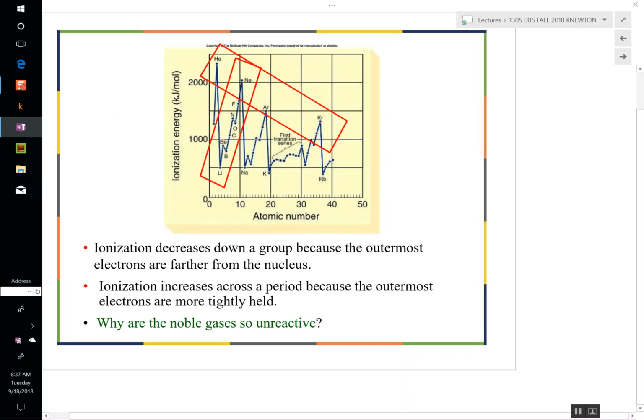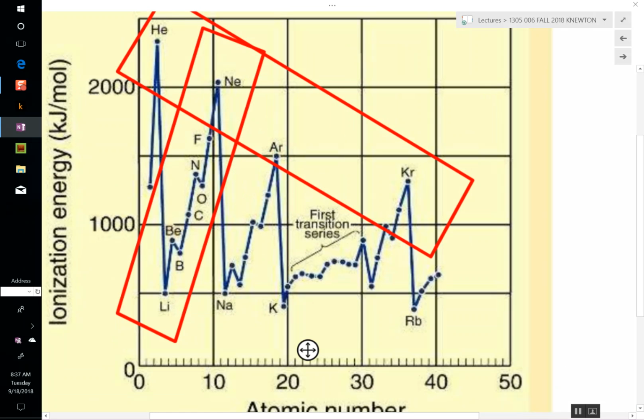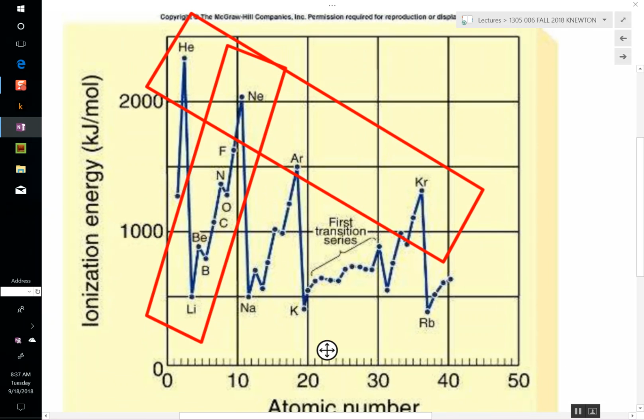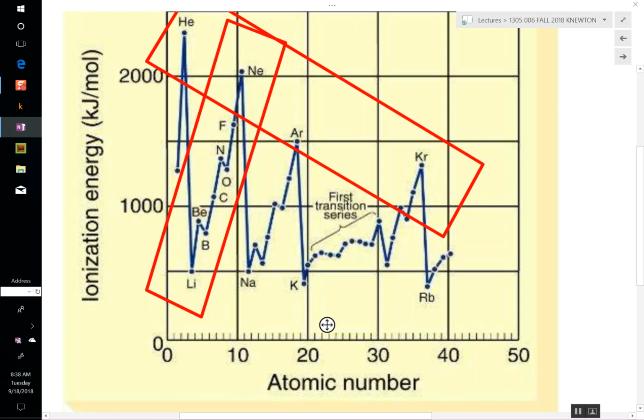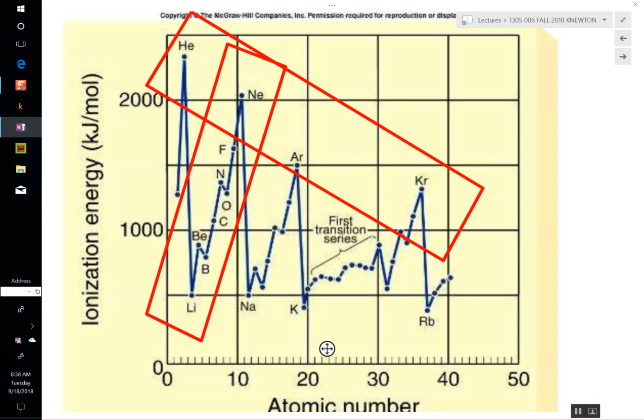Okay, now let's look at this trend. They've got atomic number down here. So here's number 3. 1, 2, 3, lithium, beryllium, boron, carbon, nitrogen, oxygen, fluorine, and neon. All right, look where we are. We're going right across here. We're going across the periodic table from the left to the right.